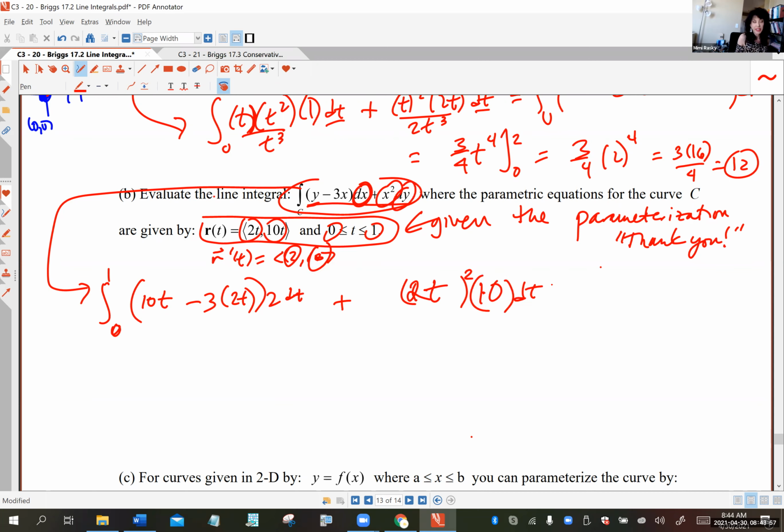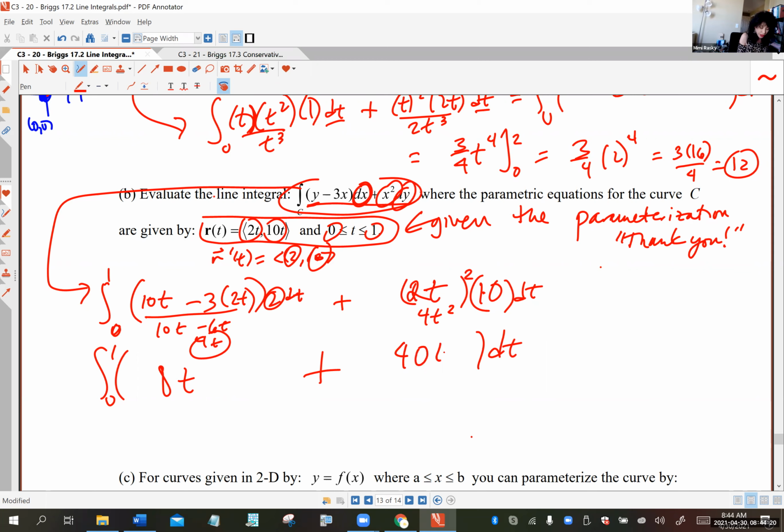So this is what we have to integrate. And so I usually like to clean it up by factoring out my dt. And what the heck is this? This is 10t minus 6t, but that's 4t, but 4t times 2 is 8t plus, and then when I do 2t squared, that's really 4t squared, but then multiply it by 10, I get 40t squared.